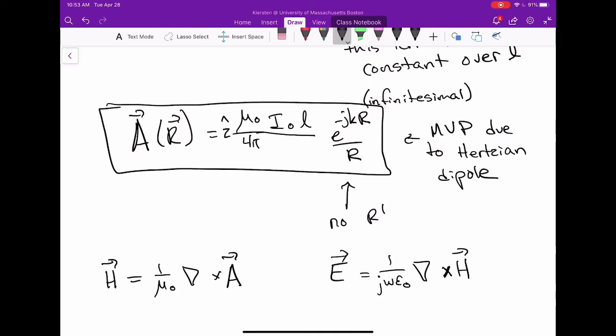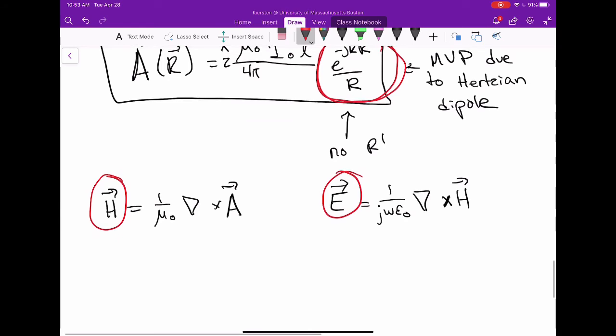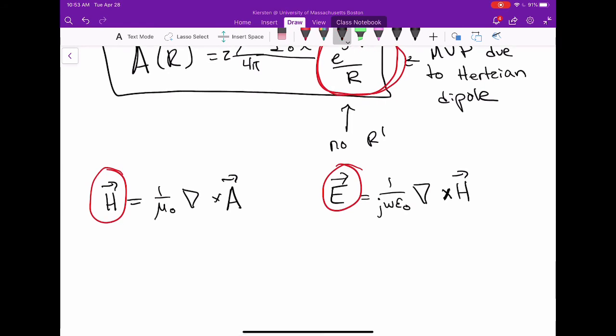Nice. Now what I want to point out here is that this vector potential has this e to the minus jkr over r term in it. And that term is also going to show up in the electric and magnetic fields for the dipole. That term is very important and special, and it has a special name. It is called the spherical propagation factor.